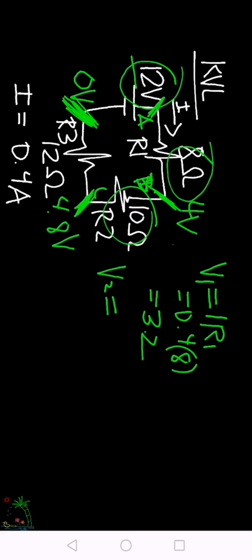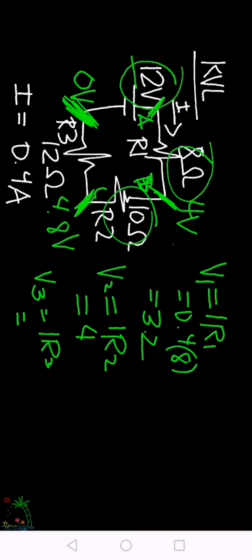I times R2, that is 0.4 times 10, so that is 4. Then V3 is IR3, so that is 0.4 times 12, that is 4.8. Okay, so these are the voltage drops across the circuit.